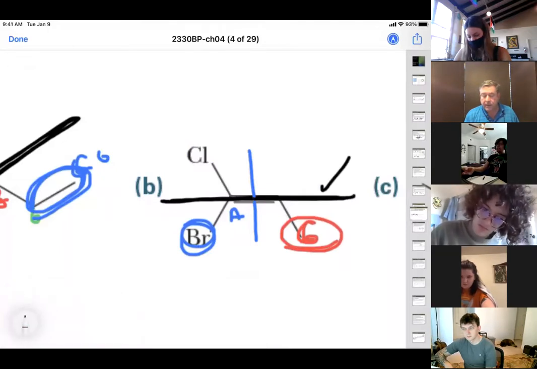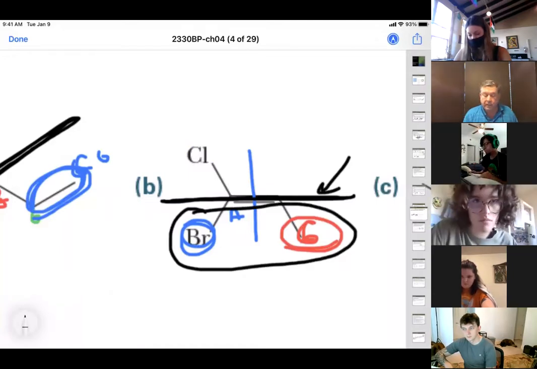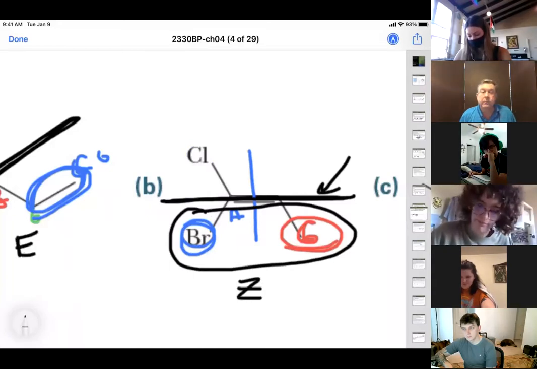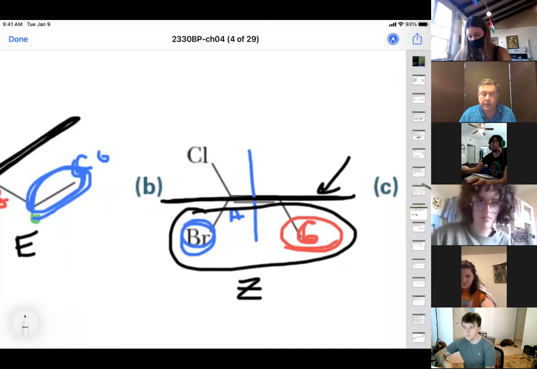Both our priority groups are on the same side of that axis, which means this is a Z. The last one was an E. So you have to look at the molecule exactly, looking at where the axis is and which of the carbons has which substituent as the highest priority.